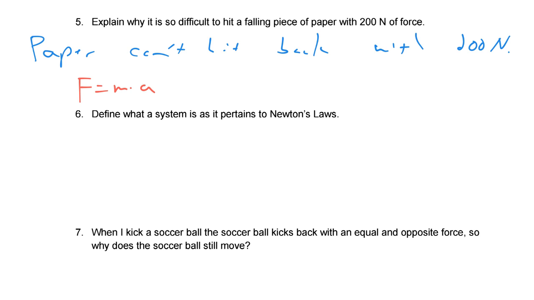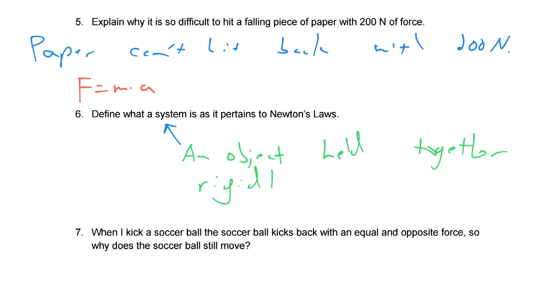All right. Define what a system is and how it pertains to Newton's laws, all of his laws. A system, very simple, is an object held together rigidly, meaning that if I push one part of it, the whole thing will go with it.